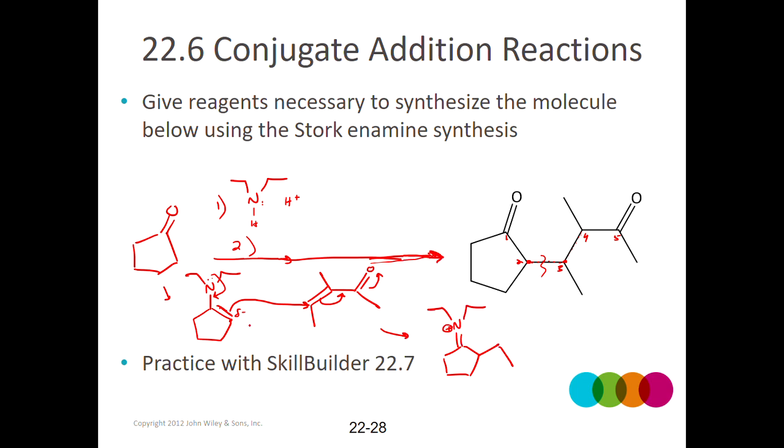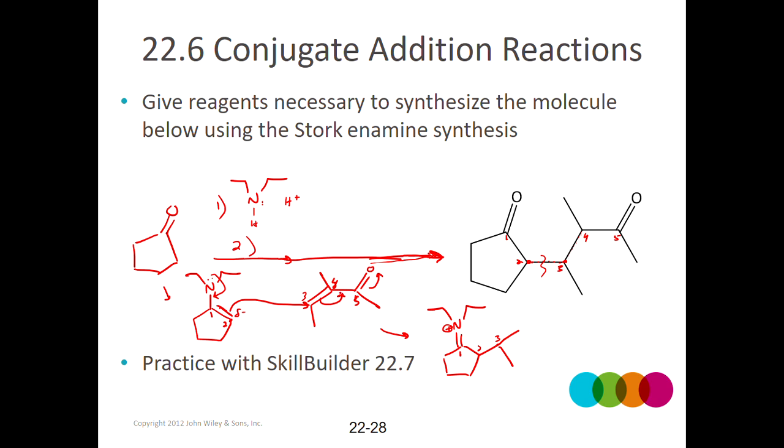So I should probably number these. So let's call this 1, 2, 3. Oh, we already have it numbered. Let's call this 1. Keep the same numbering. 2, 3, 4, and 5. So this is carbon 1 and this is 2, and 2 attacks 3. 3 has a methyl group. 3 is connected to 4.